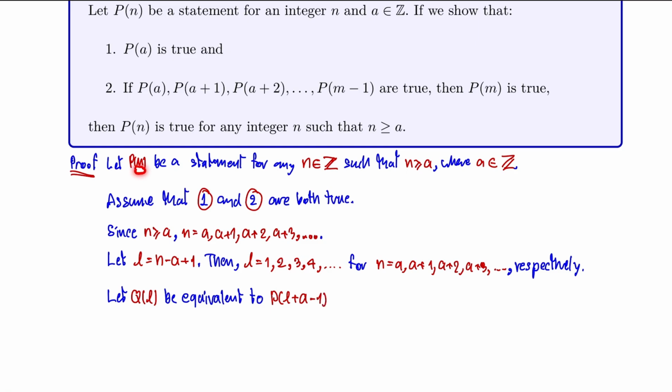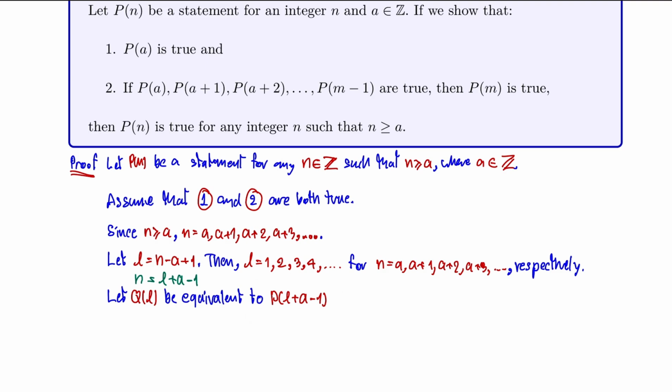So P(n) becomes just P of L plus a minus 1 because from this equation we have L equal to n minus a plus 1. What happened to just n? n turns out to be L plus a minus 1. Just add a minus 1 to both sides of this equation. So we're going to have Q, which is equivalent to this statement P of L plus a minus 1.